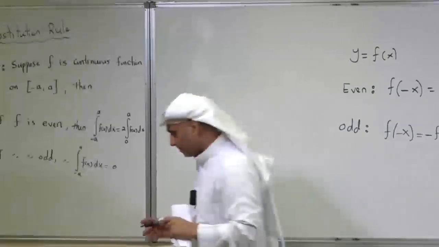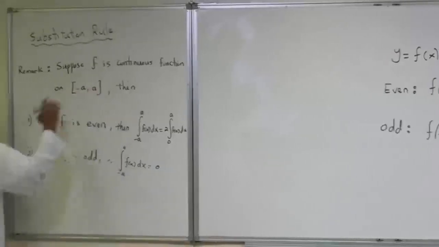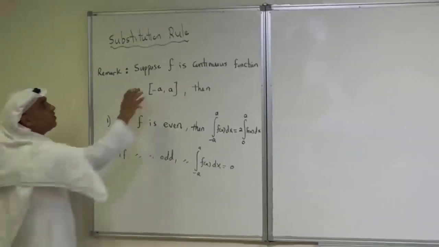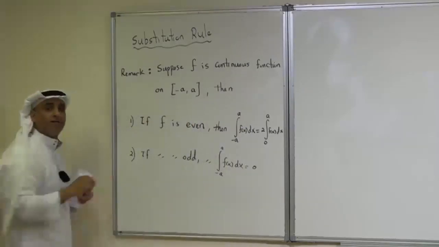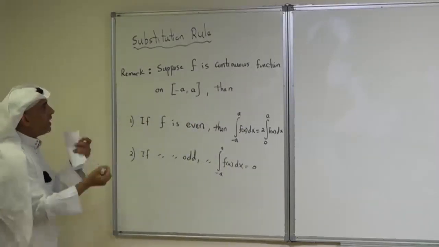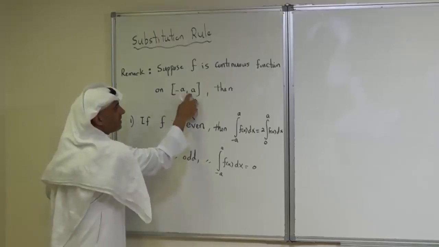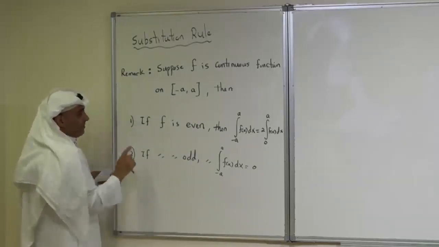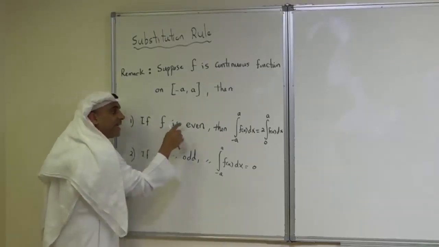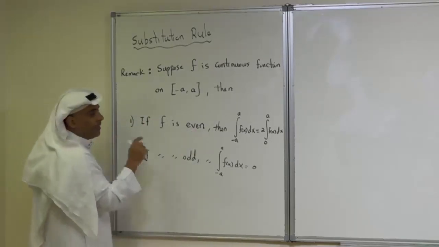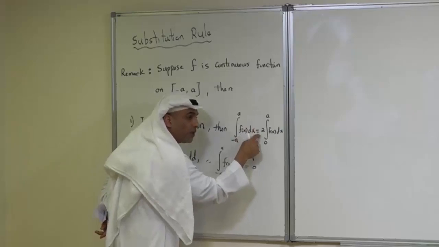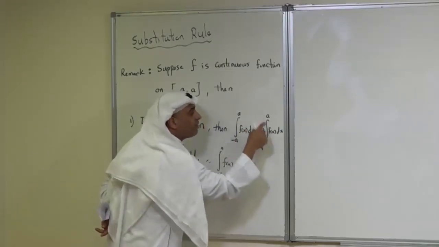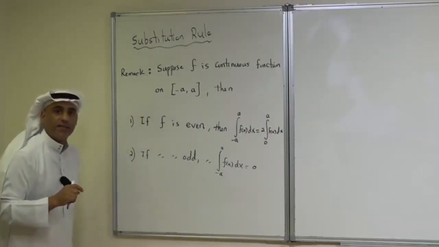Coming now to the property. This nice remark says, assume that you have a continuous function over the closed interval minus a to a. So you have symmetry in the interval minus a to a. Then, if f is an even function, then the integral from minus a to a of f of x dx will be equal to twice the integral from 0 to a of f of x dx.